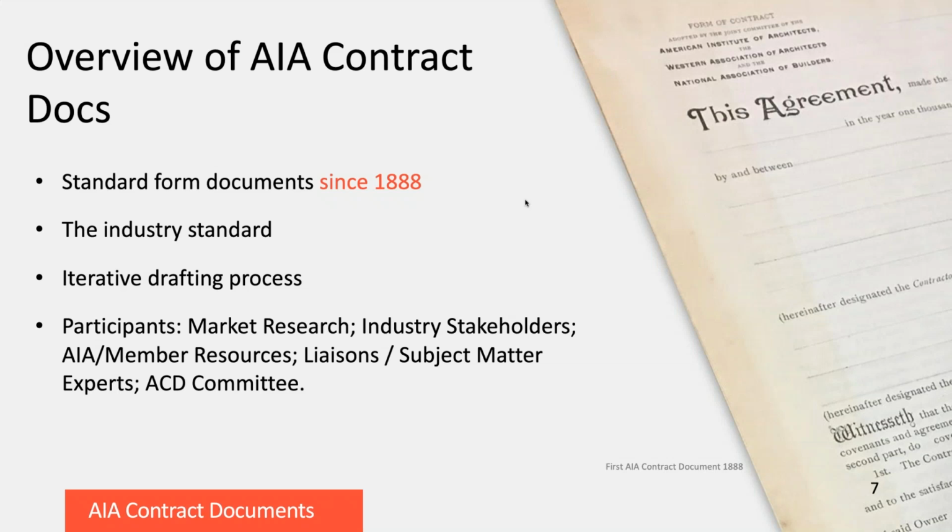So the documents are kept in alignment with current practice. Participating in this effort, we have market researchers, industry stakeholders, and of course, resources within the Institute. For major documents, we put together liaison groups of industry experts that we look to for advice, other subject matter experts, and then, of course, the Contract Documents Committee itself.